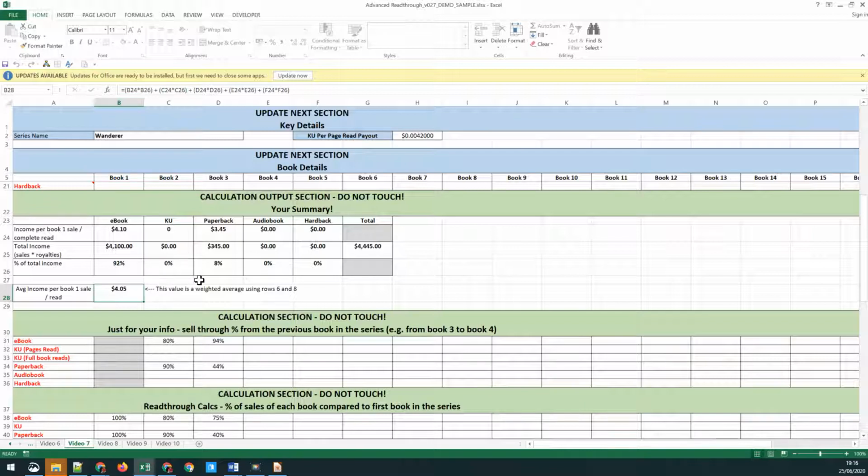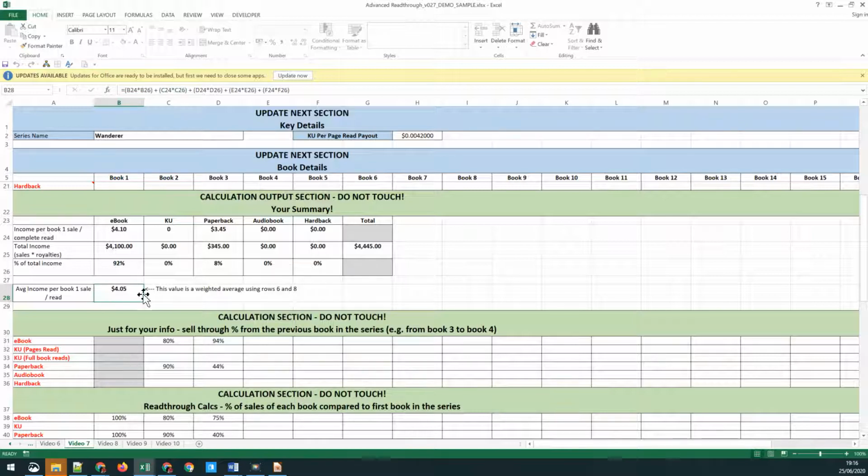So every time you sell a copy of book 1 or give away a free copy, in this case with these totally made up numbers, we would expect to earn $4 for every sale of book 1, which is really important because you might only be earning 33 cents for book 1. You might not be earning anything, or you might at the other end of the scale think, I've got a really good deep series behind it, so I'm going to earn $10 a sale, and actually you're only earning $4, and that really affects how much you can afford to spend on advertising and still make a profit.